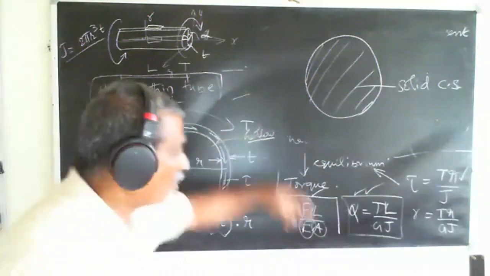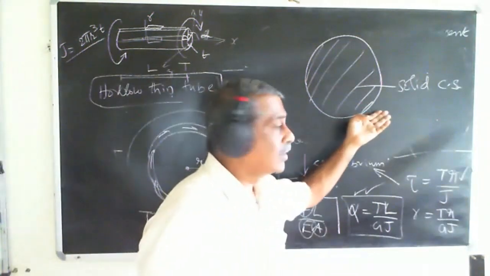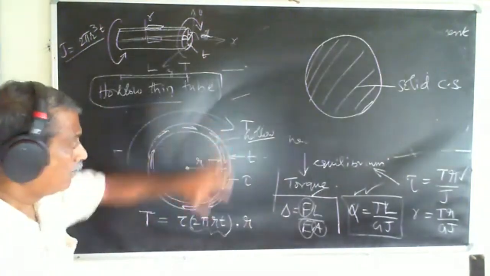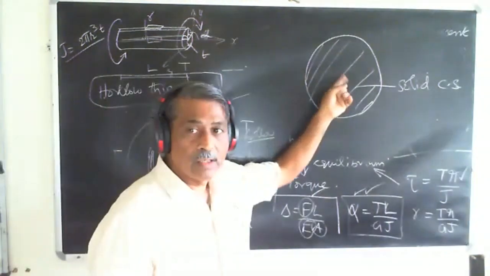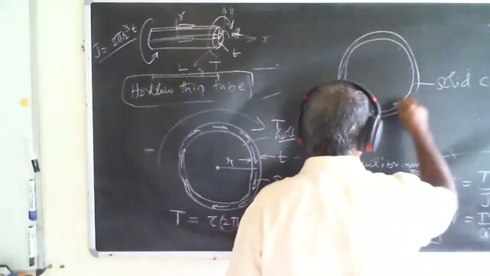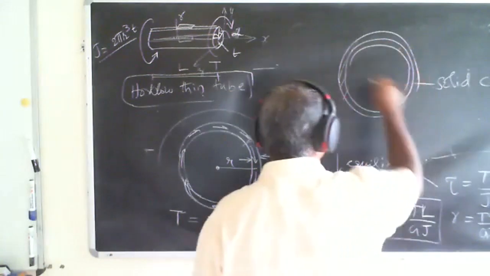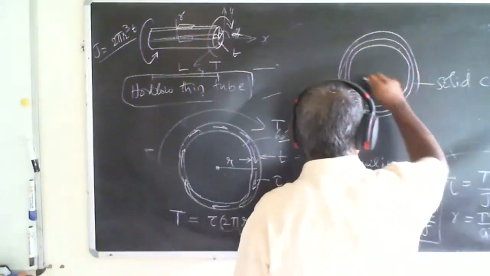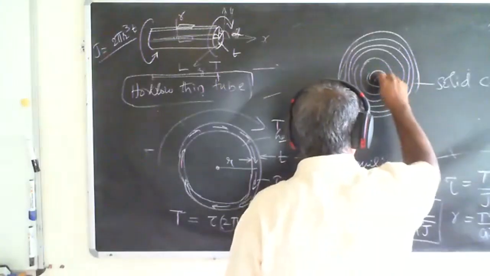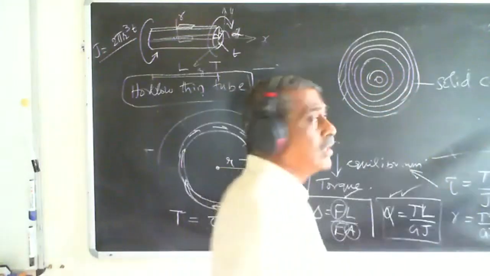After finding all this out, I want to now find out for a solid cross section. Given that I have derived for this, I need to derive for a solid cross section. Let me take it like this. Each is a dr, and then sum all of them up.